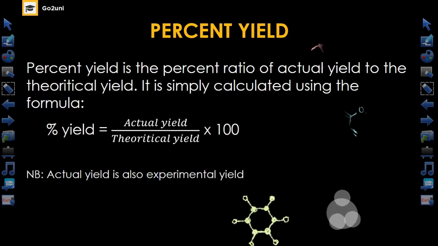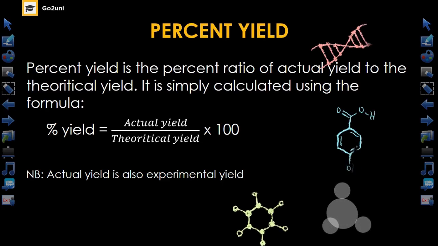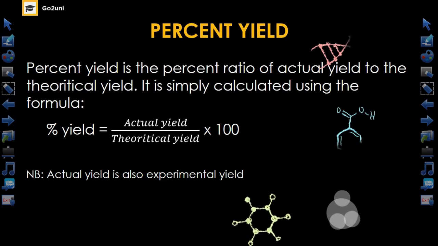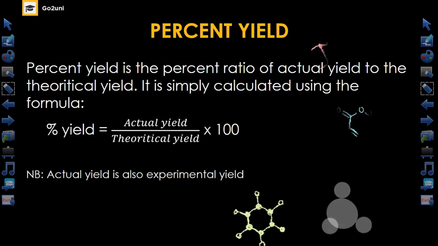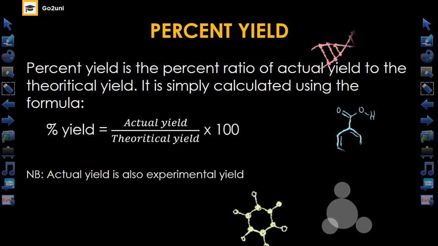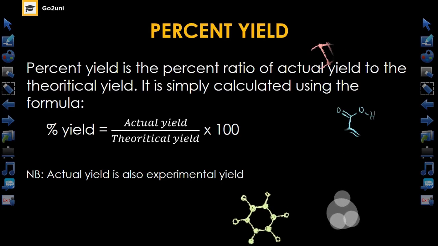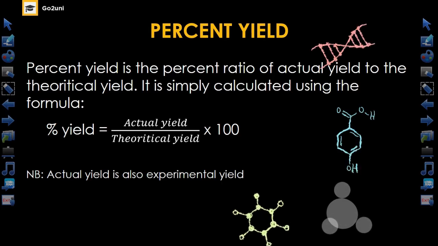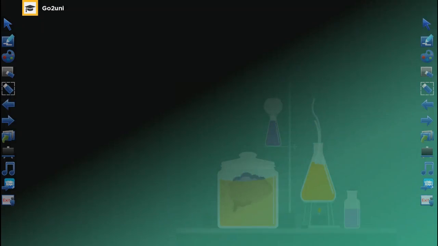That is what we call percent yield. Actual yield is also called experimental yield. So let us take a look at how we can carry out calculations involving percent yield.